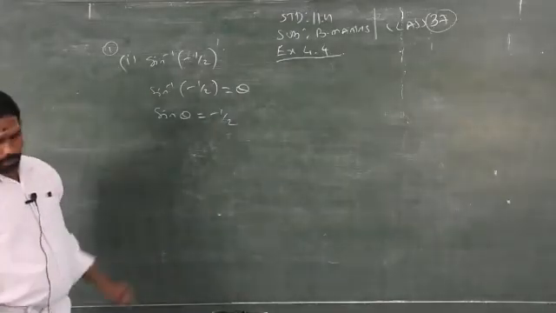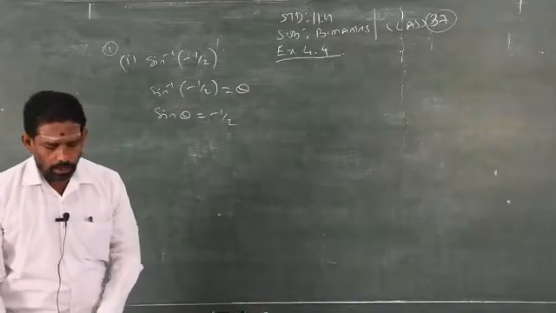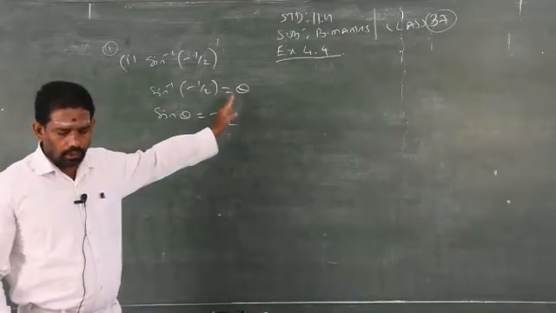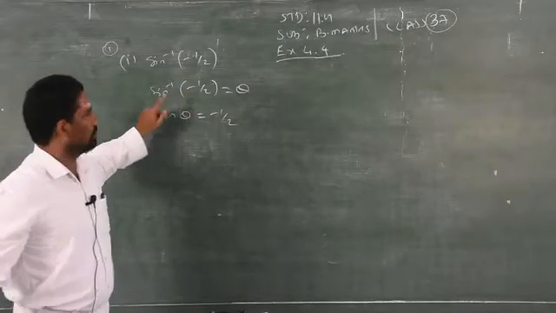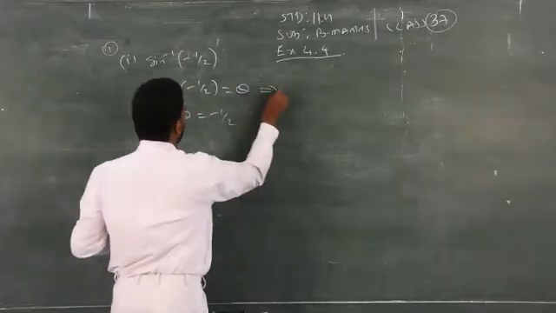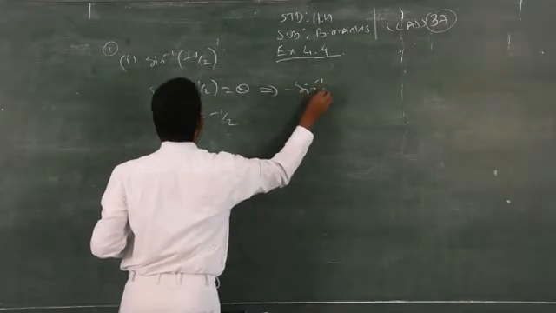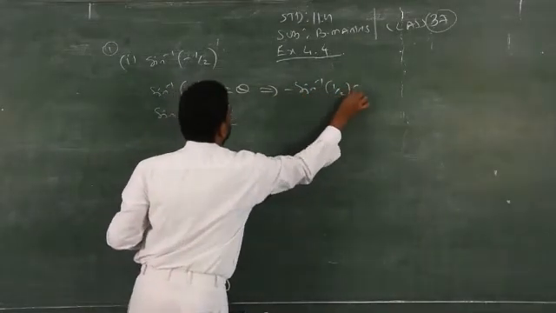According to property number 3, if there is a minus sign inside, because sin is an odd function, you will get minus sine inverse of 1 by 2 is equal to theta.